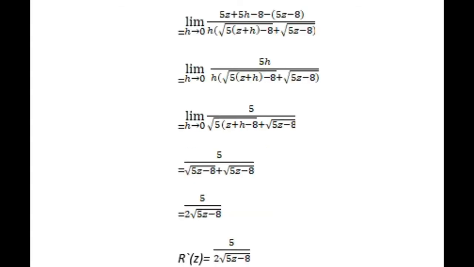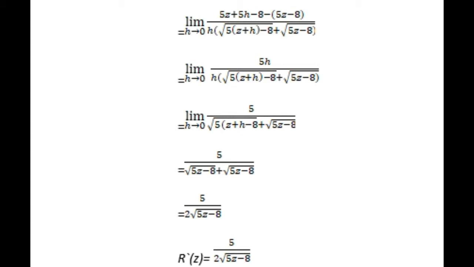Cancel out like terms with different signs, like 5z and 5z, and 8 and 8. The remaining is the limit of 5h all over h times the quantity of square root of 5 times z plus h minus 8 plus square root of 5z minus 8 as h approaches 0.